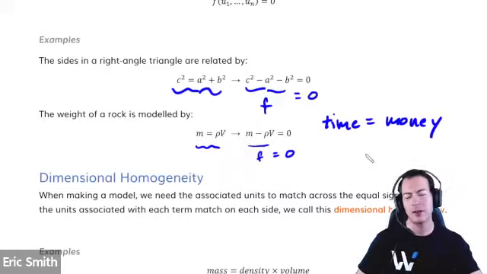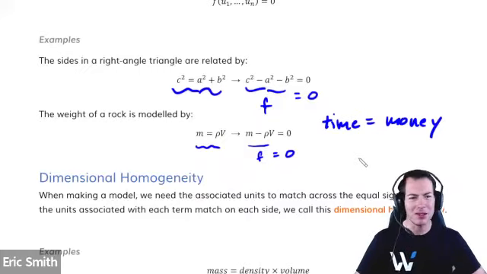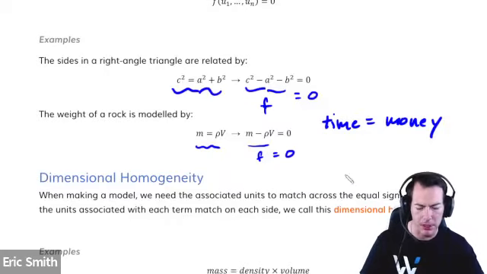Maybe I'm trying to describe what time and money are worth, and this is my particular model. It may not be a very good model, maybe there's not a very good connection between time and money, but it is some sort of equation that I'm using to describe the world around me. I could play around with it and maybe come up with better models.